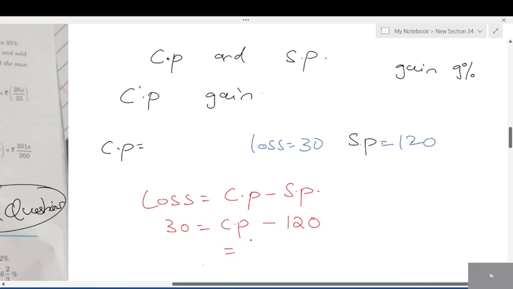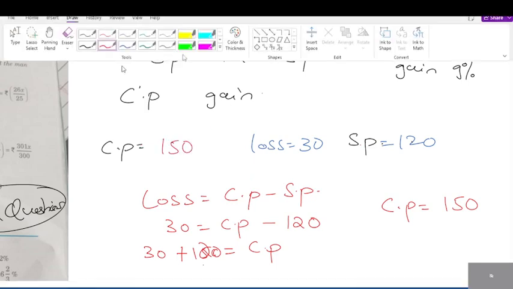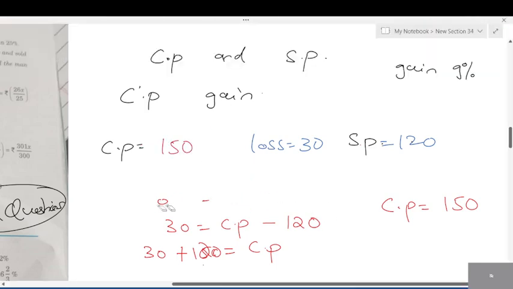So cost price is on the right hand side, keep it as it is. What happens to minus 120? It goes to the other side. What is 30 plus 120? 150. So cost price is 150.